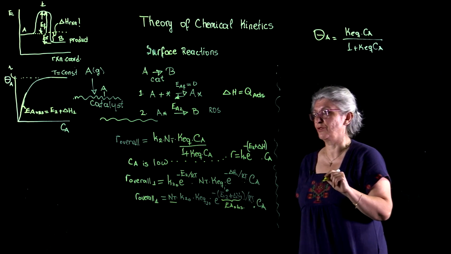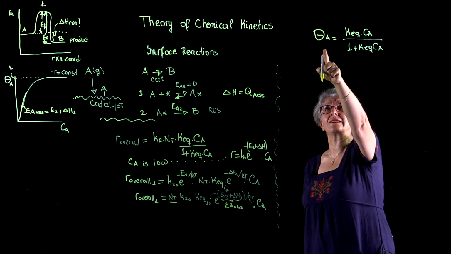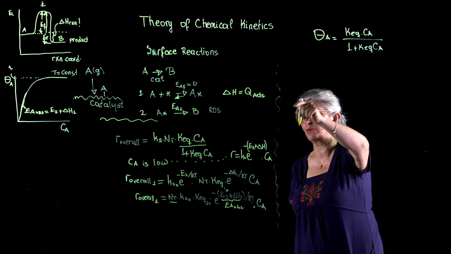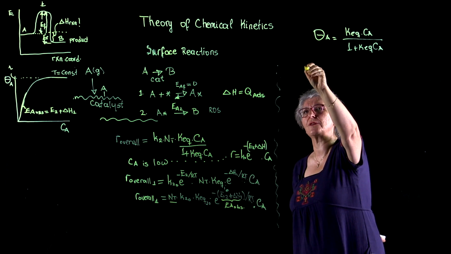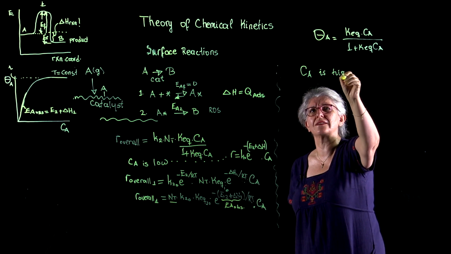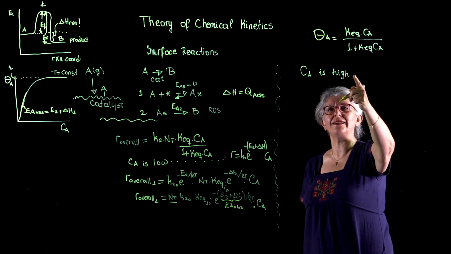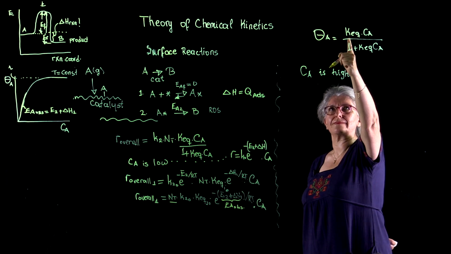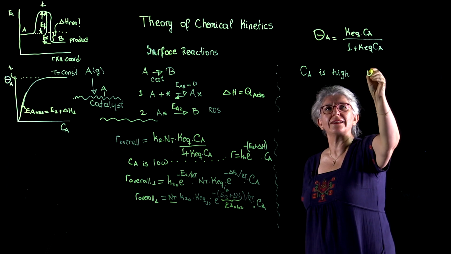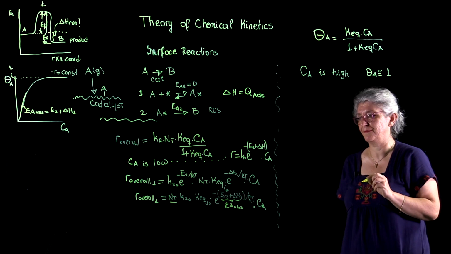So we needed to create some space on the board to see the facts side by side. This is our isotherm equation. Theta is equal to K equilibrium Ca divided by 1 plus K equilibrium Ca. Now I'm going to derive this expression for high concentrations of A. Now when Ca is high, we have this term much bigger than 1, and those two cancel, and our theta A is close to 1.